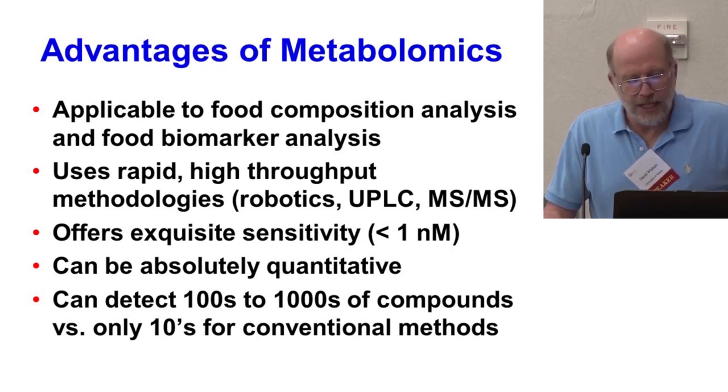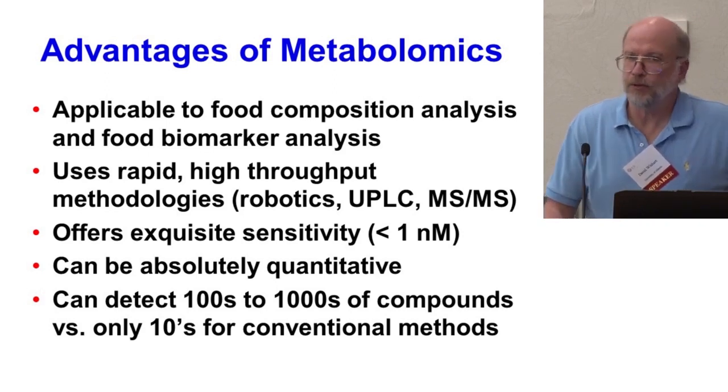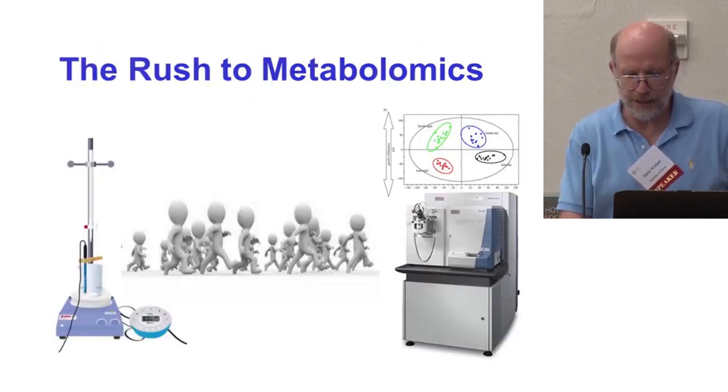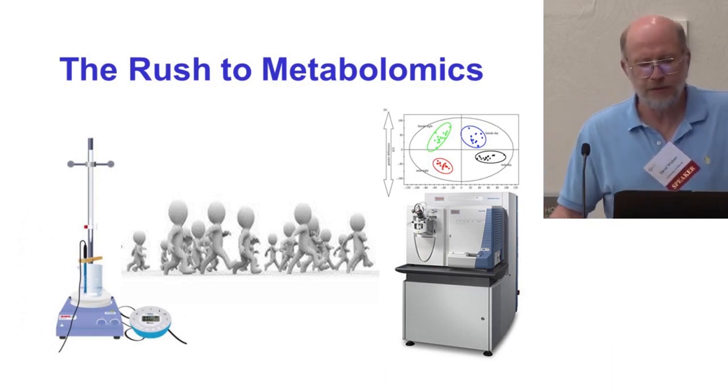And instead of tens of compounds, we're talking about hundreds or thousands. So the result is that there's been a bit of a rush towards metabolomics, at least as it pertains to food composition analysis. And there are even companies that are making metabolomic-based food analyzers.